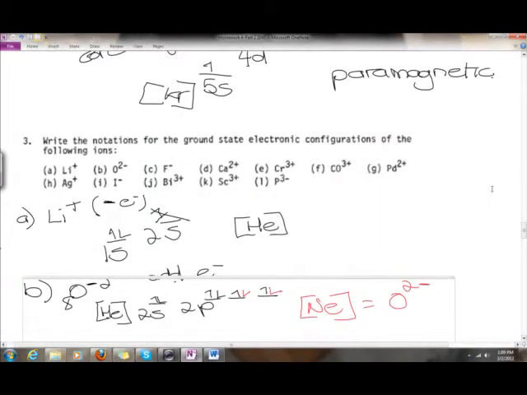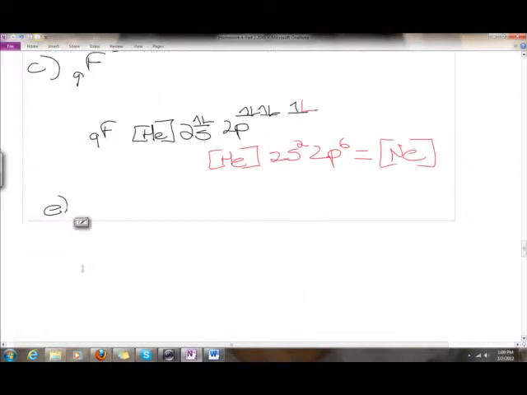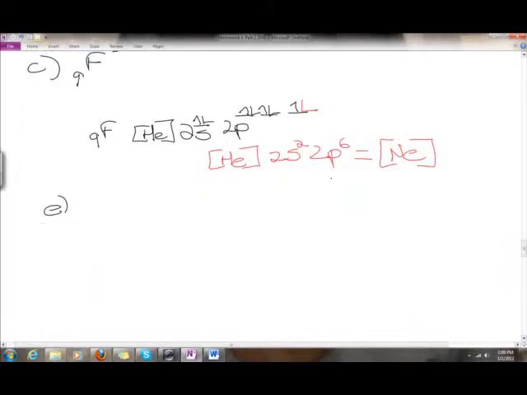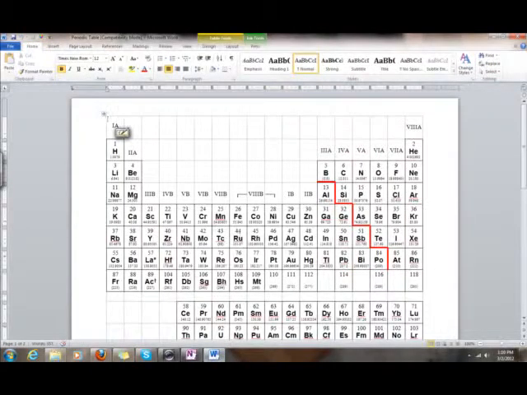For chrome plus 3, again, let's look at our periodic table. Chrome is 24, and the previous noble gas is argon.